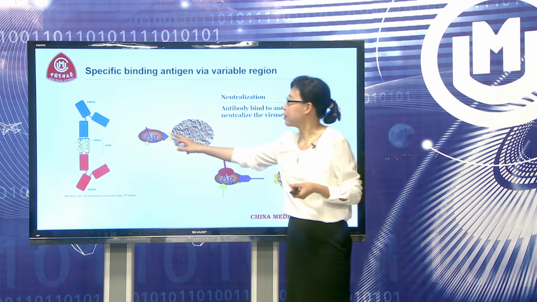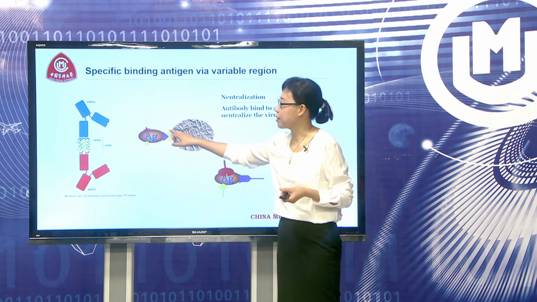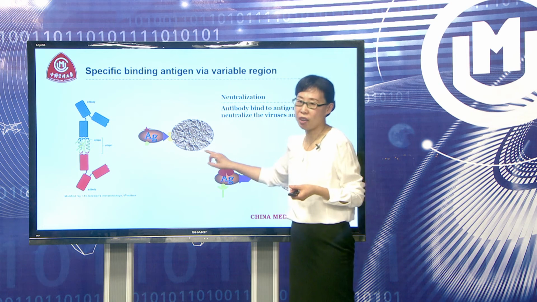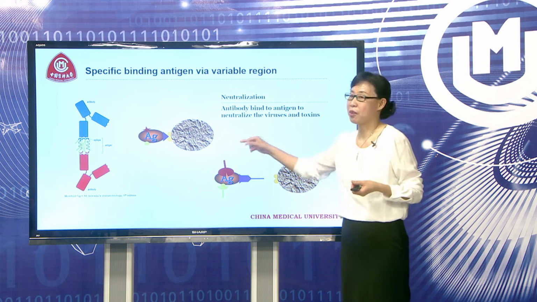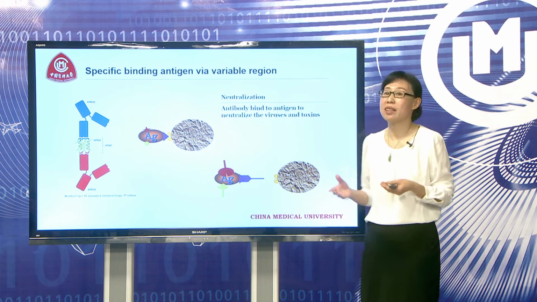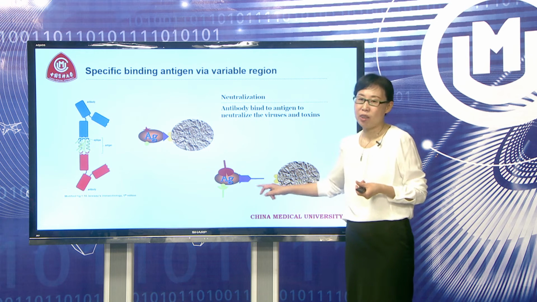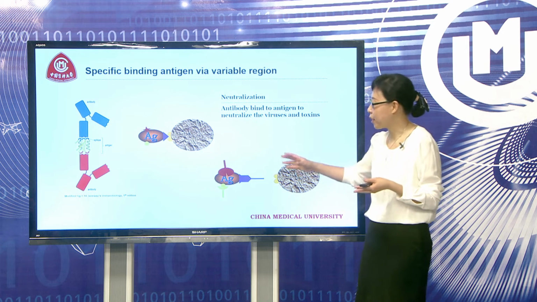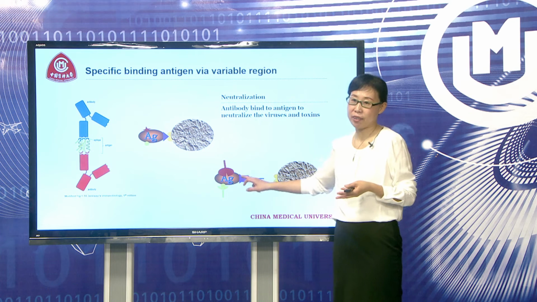The virus can express some molecules that combine with the receptor on the surface of the target cell. Then it can invade into the target cell and cause the disease. But in the presence of antibodies, those antibodies combine with the molecules expressed on the surface of the virus.